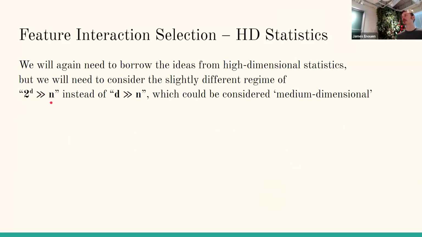So even for small tabular data sets, 10 to 20 features, 2 to the 10 or 2 to the 20 starts to be much more than the data we actually have available. And so this is a sort of medium dimensional regime where we still need to obey these laws of only having a finite amount of data. However, this regime is different from the high dimensional regime where we typically expect the features themselves have larger magnitude than n.